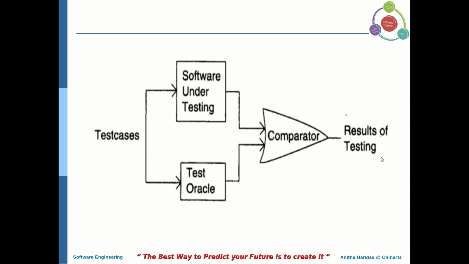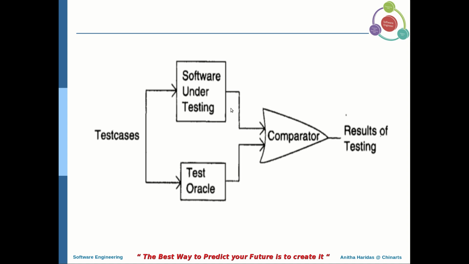So your input for the testing process will be a set of test cases. Input for the software testing, test cases. Where do you input it? All the test cases will be input to the software, and all these test cases will also be available in the test oracle.